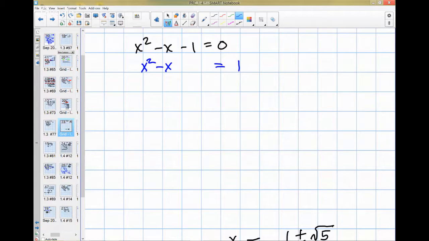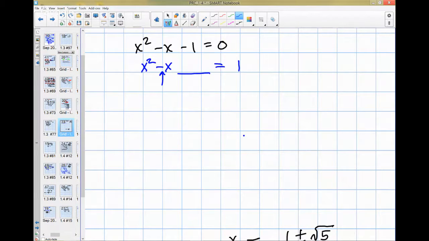So now, what I'd like to do is fill in this blank with the number that makes the left side a perfect square trinomial. So here's how you can do that. You take the b term, the coefficient of x, and we don't care about the sign, so it's 1 right now.